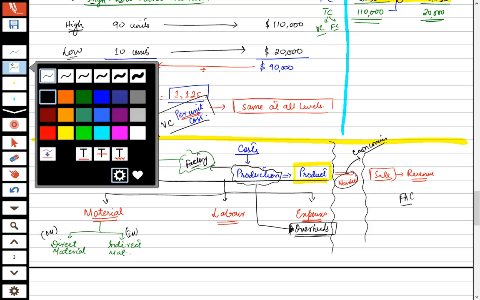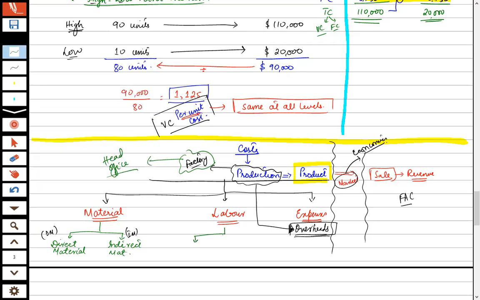We will discuss it. Similarly, labor is also classified into direct labor and indirect labor. And overheads. Generally, overheads are just overheads, but sometimes they may be classified as direct overheads or indirect overheads. Clear?